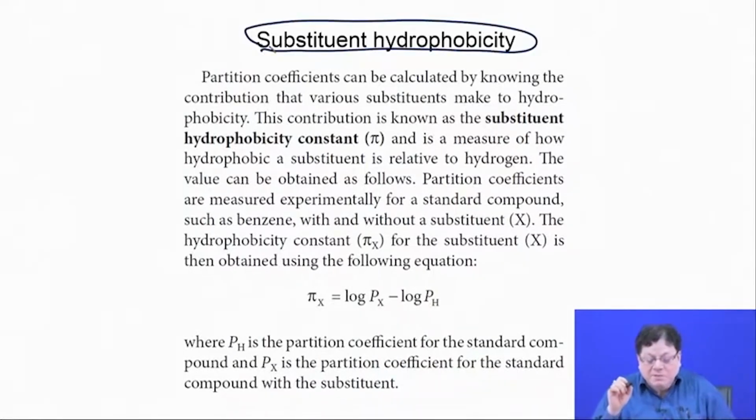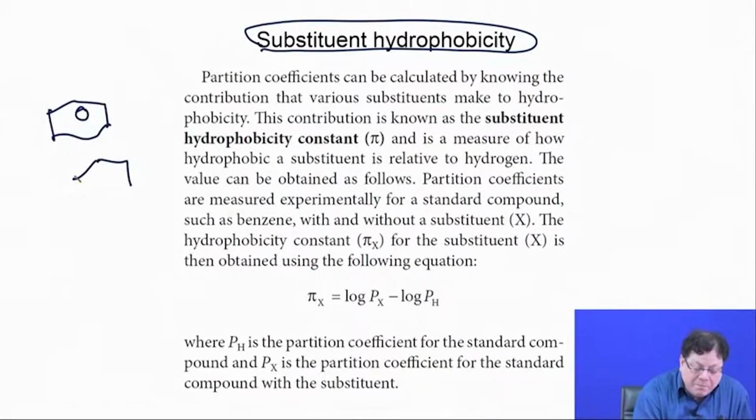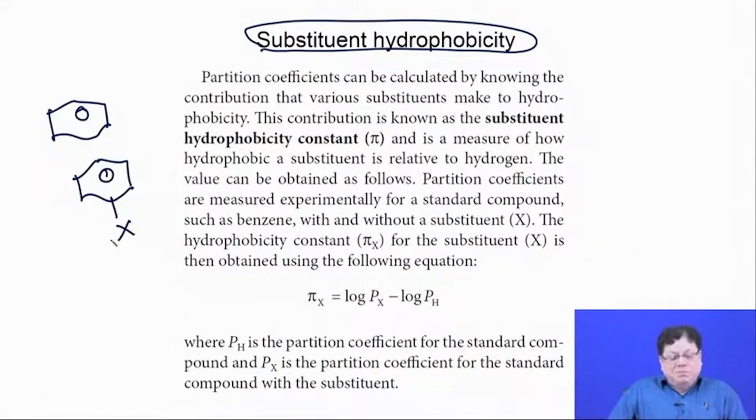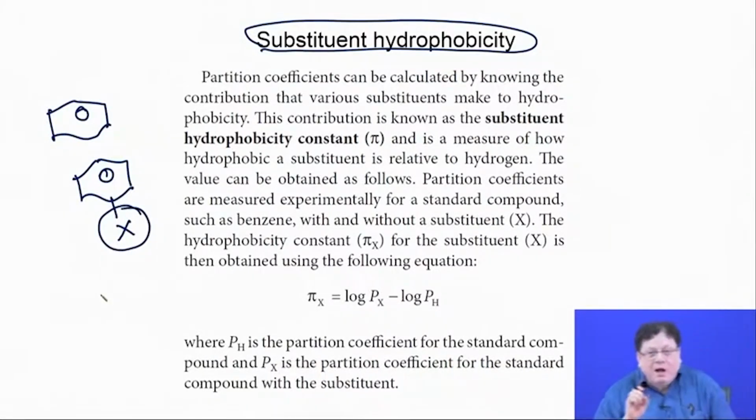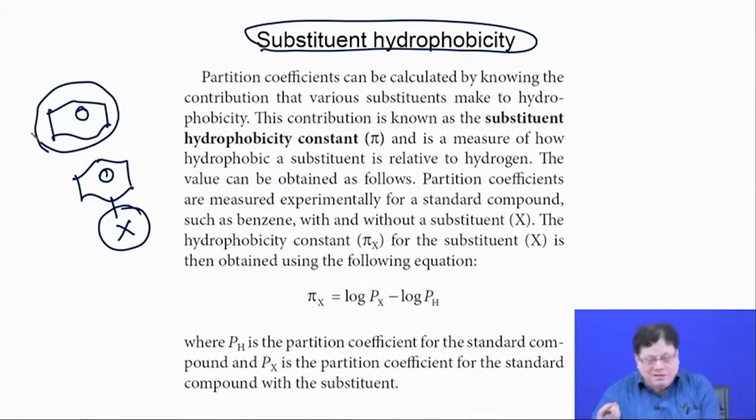Substituent hydrophobicity is basically that, suppose you have a benzene molecule and you have a substituent X. Okay. Now, see, this is very useful in the sense that if you know the hydrophobicity index of substituents, then you can measure the hydrophobicity of benzene, that is a common item.